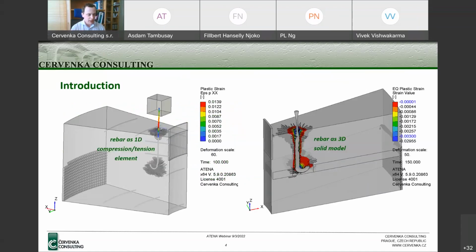Some basic introduction why modeling of reinforcement bond is of great importance for us as structural engineers.